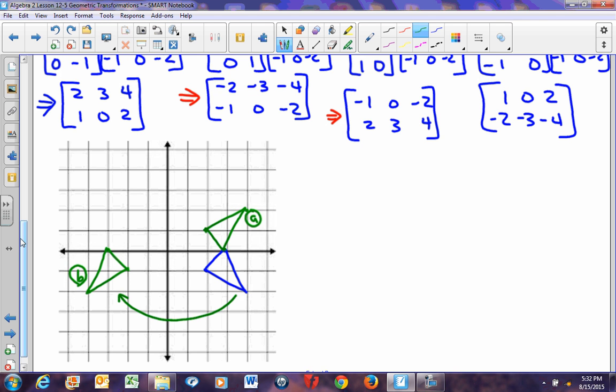Now we're going to do the y equals x line. And remember the y equals x line is the diagonal that goes this way.